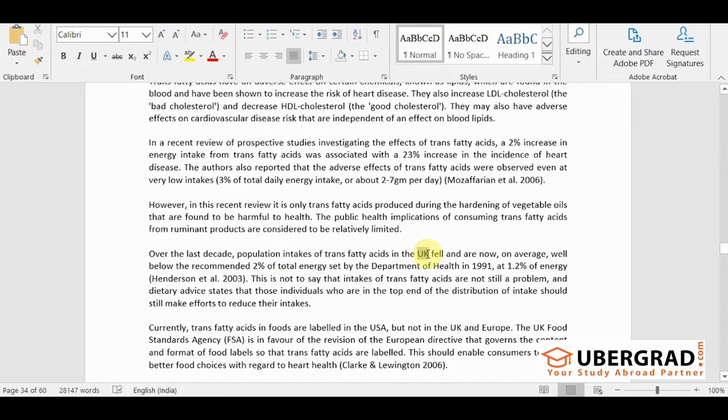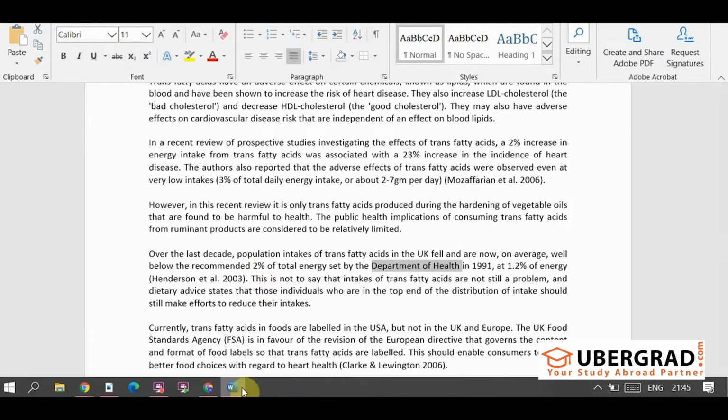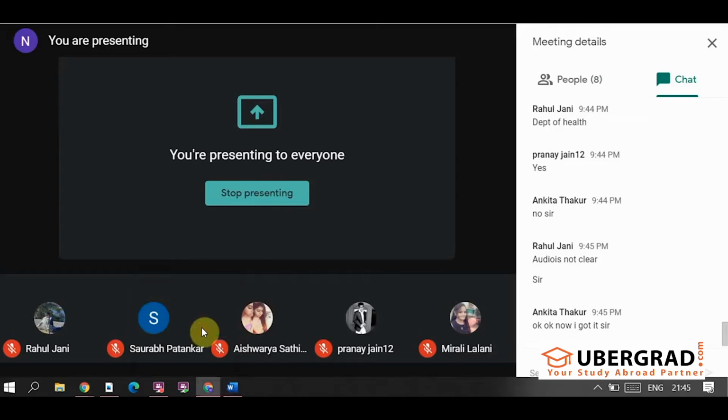So we have to see who has set a limit. So limit means what? Recommended. Safe daily limit consumption means what? That is recommended 2% of the energy. Who has set that? It has been set by the Department of Health. We are searching for a body which has set that safe daily limit consumption. So safe daily limit consumption means what? That is a recommended 2% is a safe daily limit consumption, right? So who has established this? The Department of Health has established this.